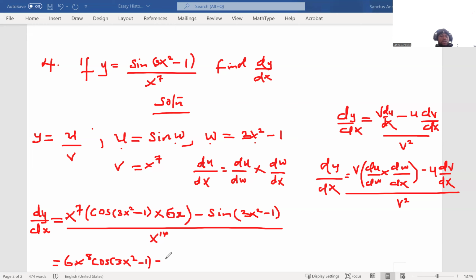Okay. Then minus sine of 3x squared minus 1, all over x to the power 14. All right, so this is our final answer.